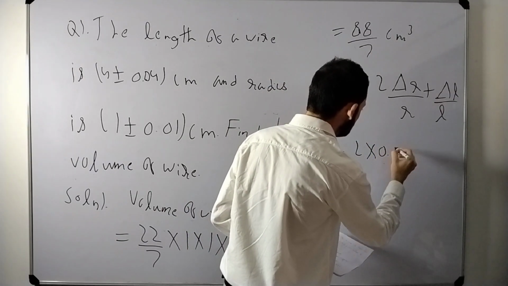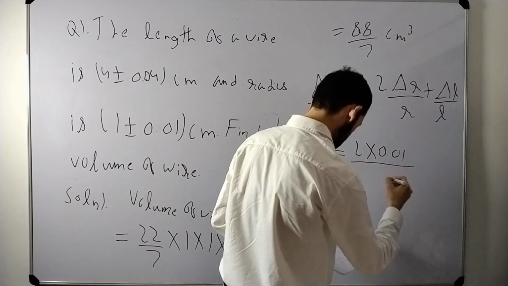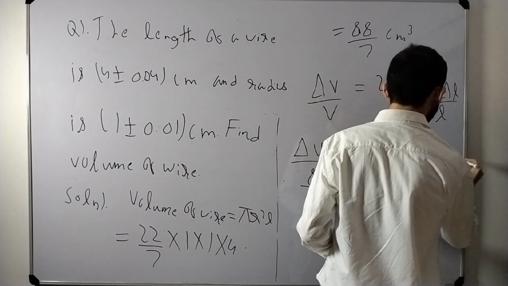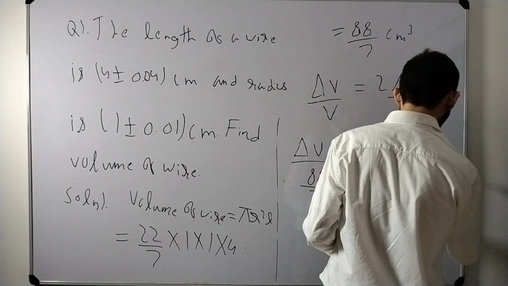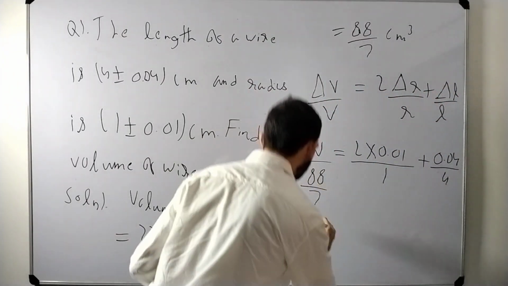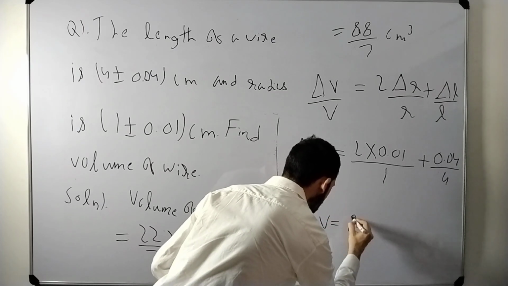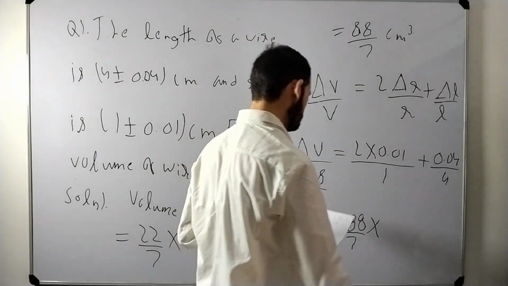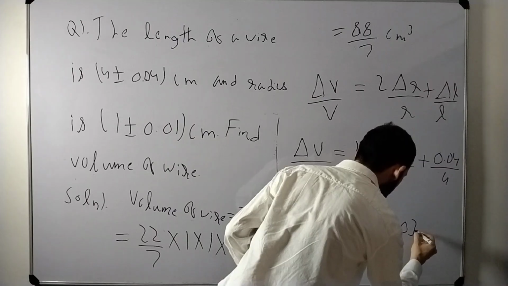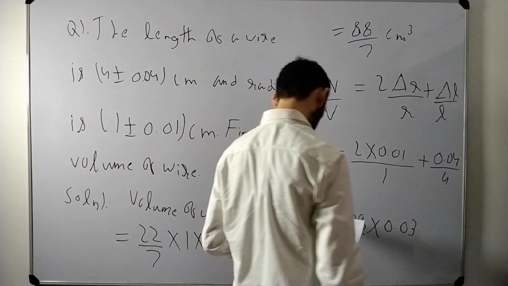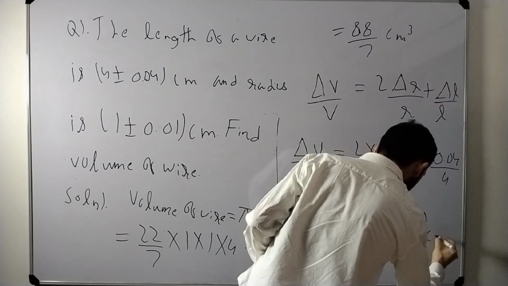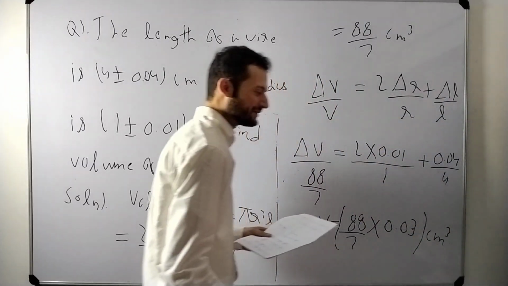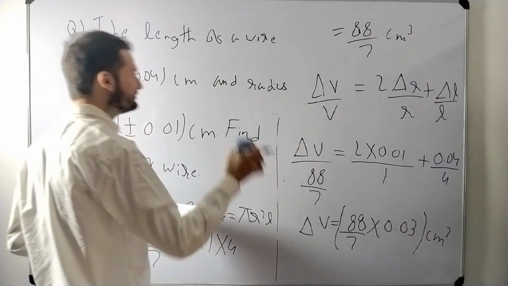Yes, a little bit careful with the numbers here. 1 upon 100 plus 0.04 upon 4. This makes del V as 88 upon 7 into 0.3 centimeter cube. So this is the volume. No, this is not the volume. This is the error in the volume.